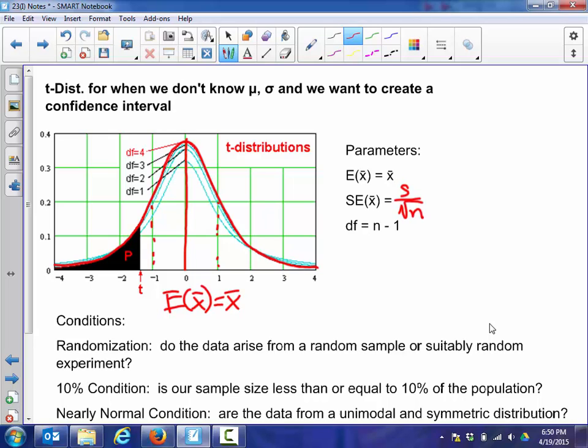That doesn't mean that there's anything you have to memorize with regard to all those different t-distributions, aside from the fact that every t-distribution, let's look at the one here that's in the boldest of all of them, with degrees of freedom 4, just like a normal bell curve, is centered on whatever mean you have. If we're talking about sample means, it would be centered on the expected value of x bar, which is just x bar. Okay, that's your mean.